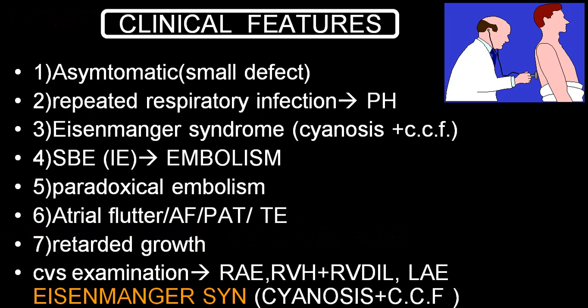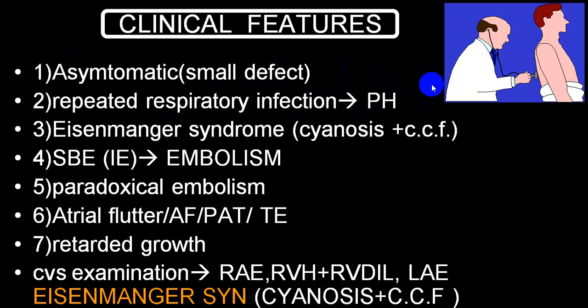But in the presence of moderate to severe defects, because of increased pulmonary vascular congestion, the person will have repeated respiratory tract infections, symptoms and signs. Sooner they will develop pulmonary hypertension.